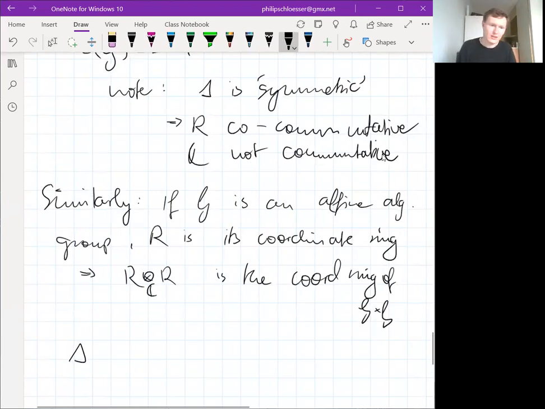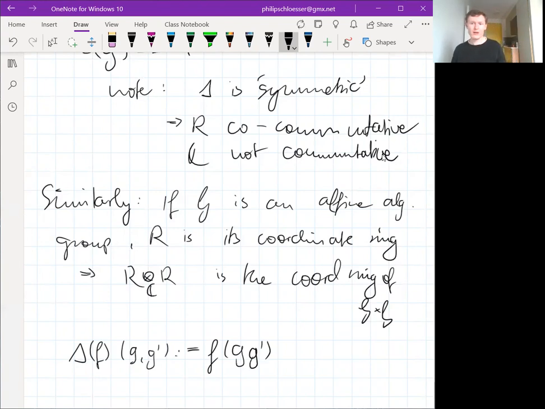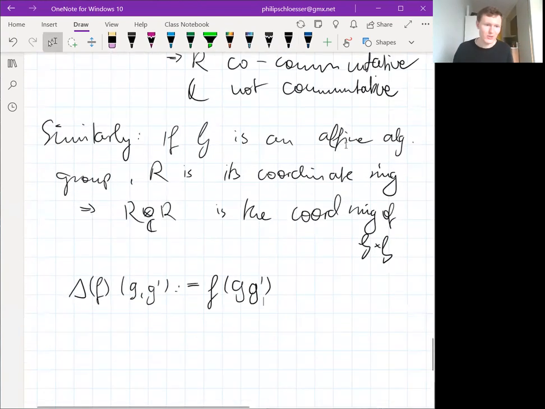And then you can define delta of some function applied to an element of that thing as f applied to the product of G with G prime, which is where it really becomes obvious that if you have an underlying group, it motivates the name of co-multiplication, because in a way, you are multiplying at some point.